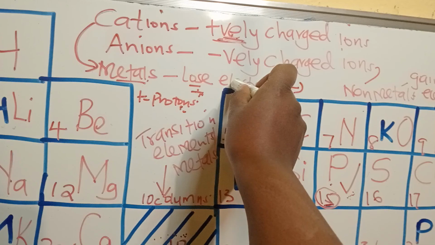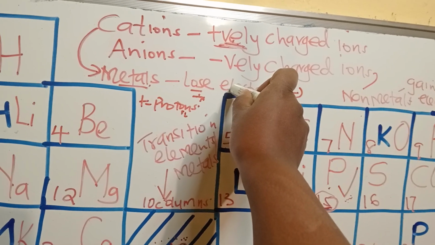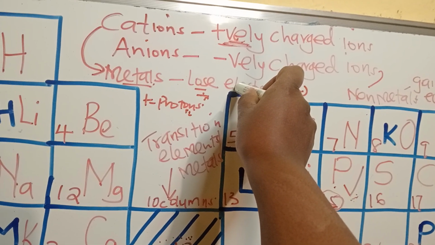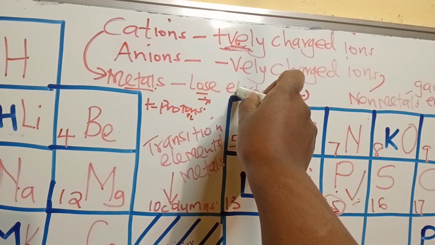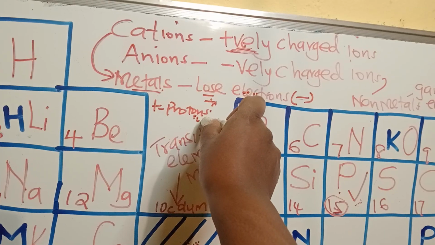And when they are equal, that is the reason why atoms are electrically neutral. Atoms are electrically neutral because the number of electrons and the number of protons are usually the same.